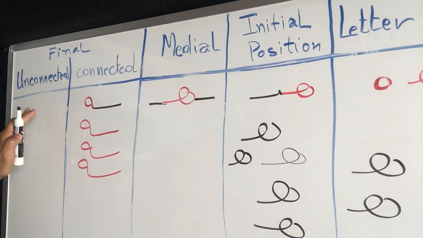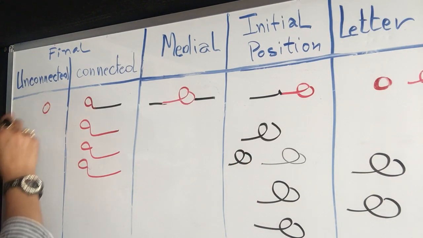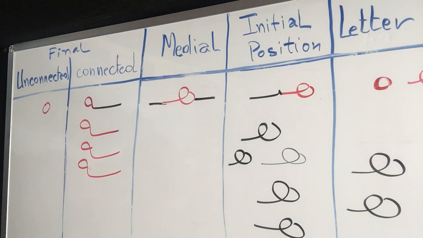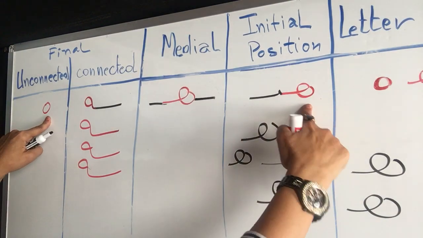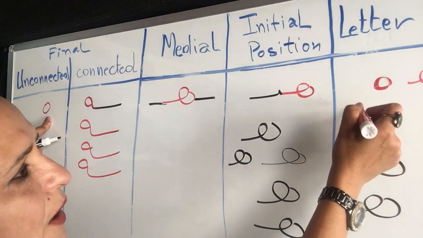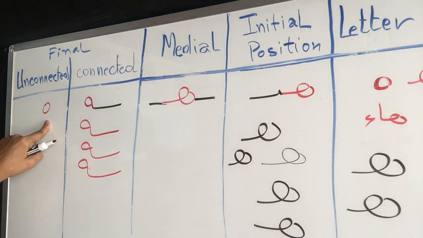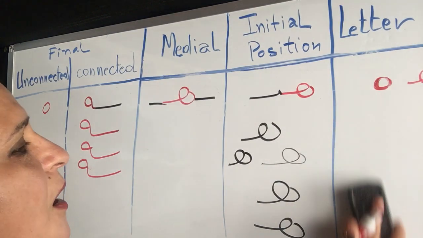If it's not connected, if there is a one-way connector before, it's going to be a circle like that. If it's by itself, it's going to be a circle at the end. But at the beginning, this is the shape it should be. Ha.